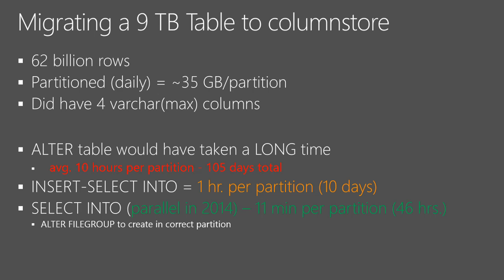So basically, by utilizing these partitions and doing select into, we got rid of the varchar max columns and moved all the data over. Do be a little bit careful with it. Obviously, it can truncate data as you're doing this, but we did the converts in line in the select into. And partition by partition, we moved it over.